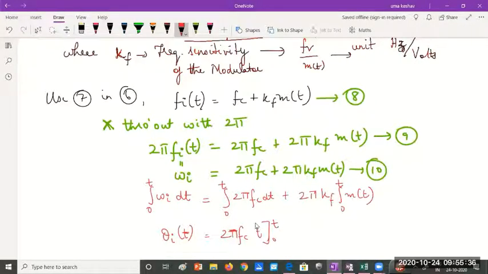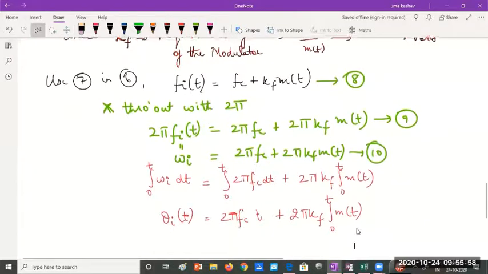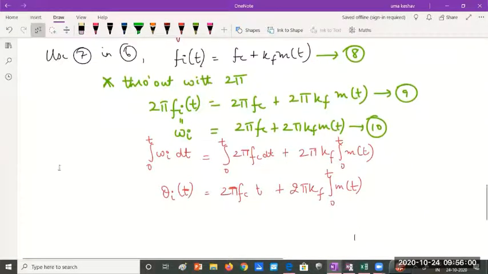And what is the value of this? T minus 0, or it will remain as t, right? So integral 2 pi fc dt will become 2 pi fc t, and next 2 pi kf is a constant. Integral 0 to t m of t will remain as it is, correct?